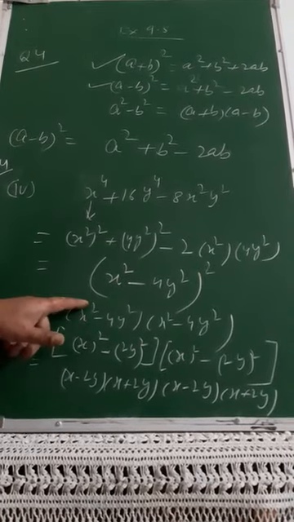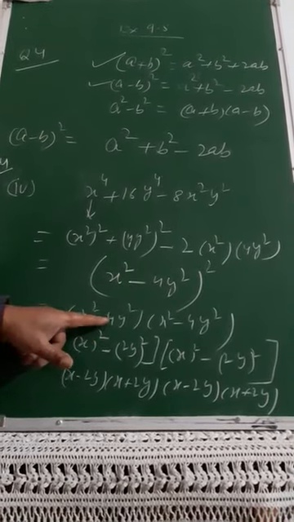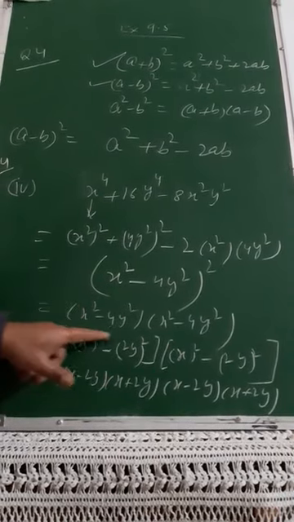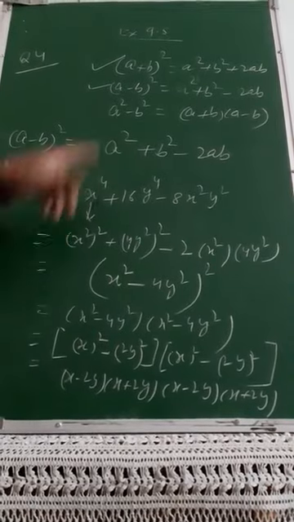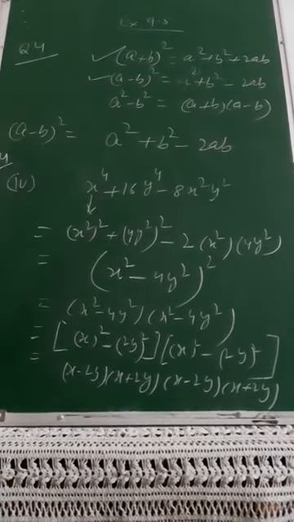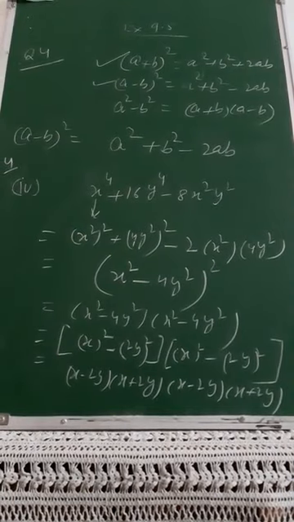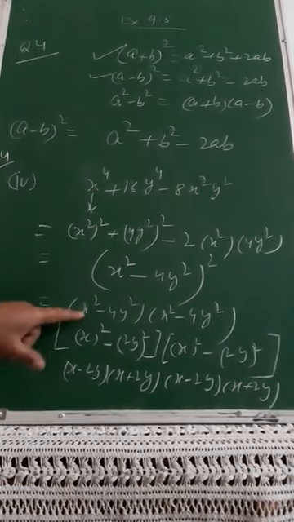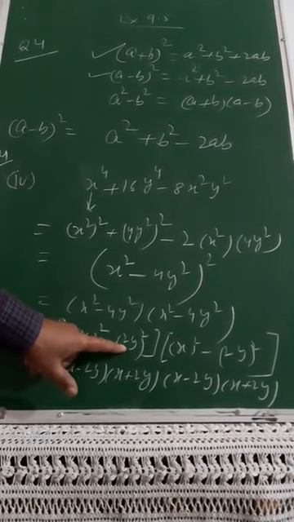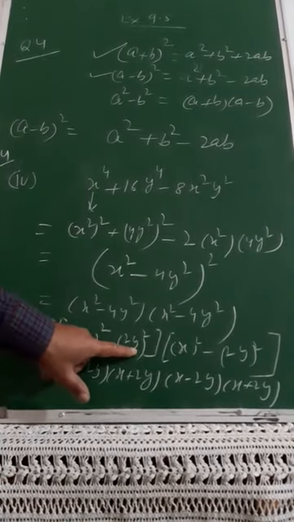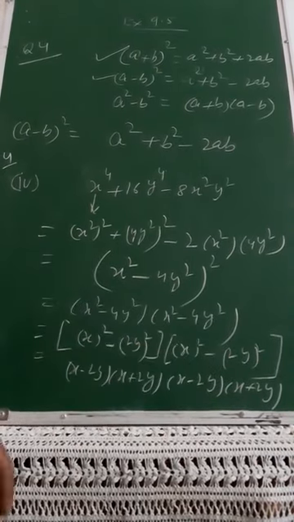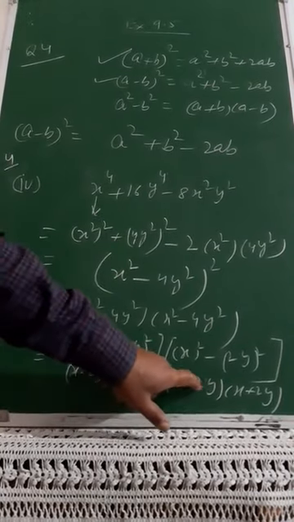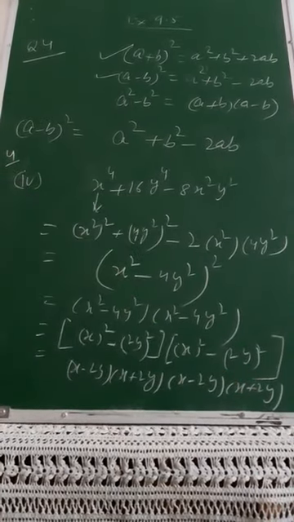Here a is x square, a perfect square of x, and b, 4y square, again is a perfect square of 2y, which means this form is now lying in another identity, that is a square minus b square, which is always equal to (a plus b) into (a minus b). So here a is x, b is now 2y, because x square is the square of x and 4y square is the square of 2y. So x square minus (2y) square. That is a square minus b square, (a minus b) into (a plus b), and leave your answer here.